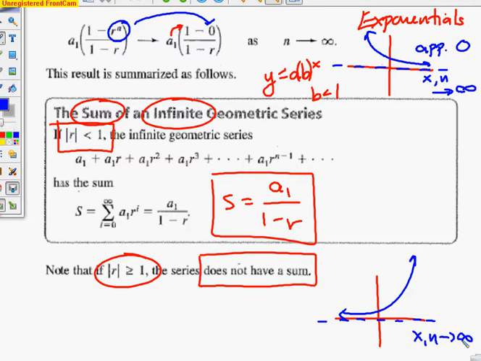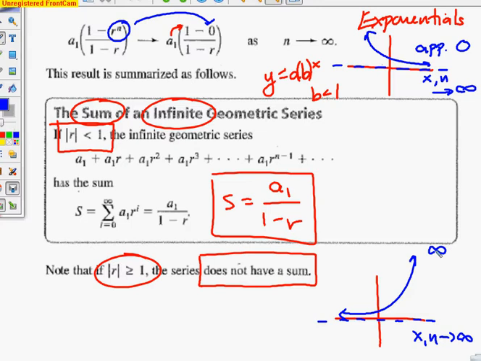Your graph is going up. This is not approaching, it's going to infinity. And it has no sum. So this is the reason why, if your r is greater than 1, you cannot find this infinite sum. So make sure, double check, r is less than 1. All right? And use this formula.